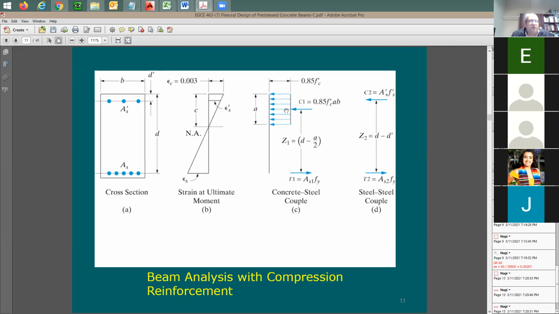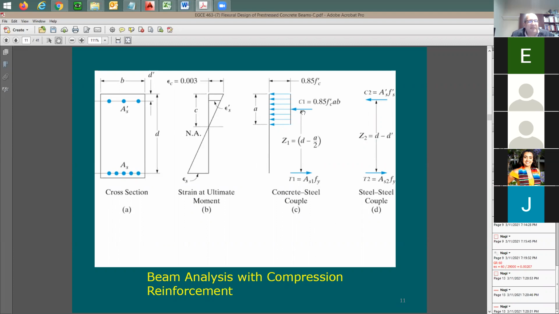The first compression force is on the concrete. The second compression force is on the steel itself. So I'm taking this one tension force and splitting it into two components just to have two moments or two couples, if you like.